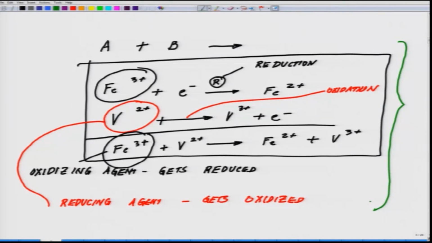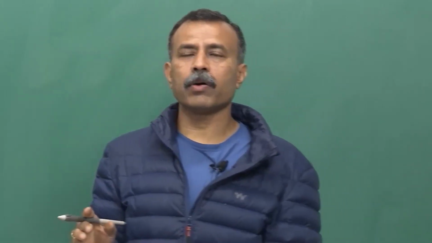Now, how Fe3+ could accept an electron and how vanadium could throw an electron, this part is determined by the fact that every material has a power, either you can call it in terms of its reducing power or you can call it in terms of its oxidizing power.